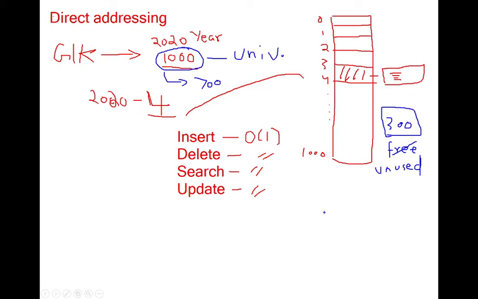So this is the concept of direct addressing table. Now there is a limitation of the direct addressing table: when the actual number of keys which are to be stored in the direct addressing table is very much less than the actual universe of keys, then the direct addressing table is not suitable.